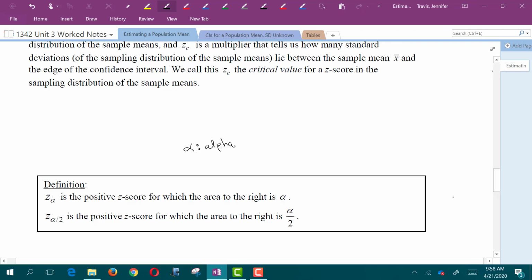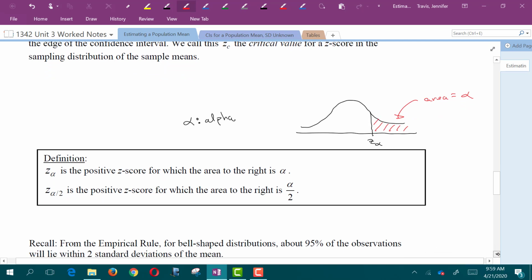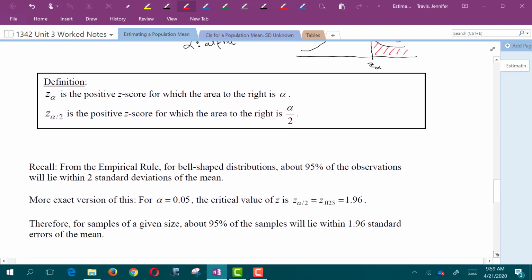So for example, if I had some kind of a curve, if this was my z alpha here, then that means this area over here is equal to alpha. Okay, and then often we end up having to cut the alpha in two. Same idea, the subscript is going to be the critical value so that the area to the right is that same alpha over 2.